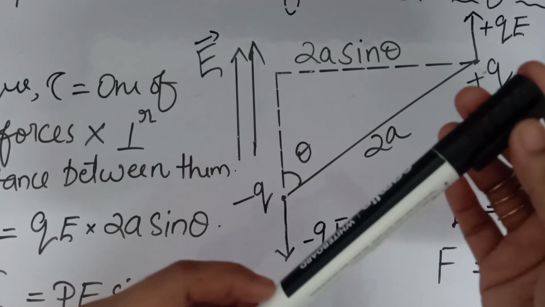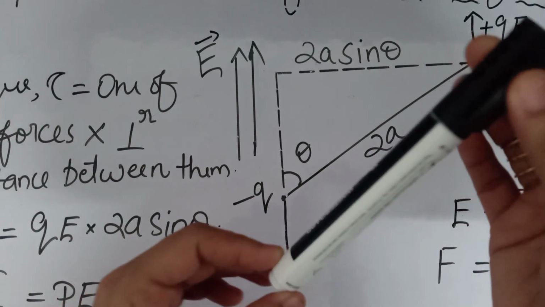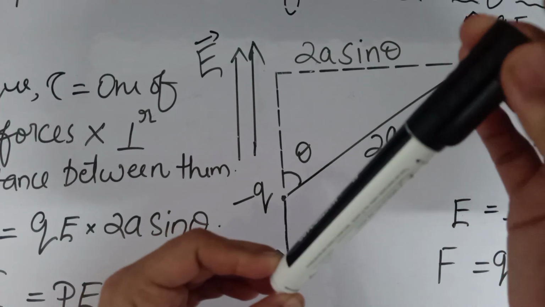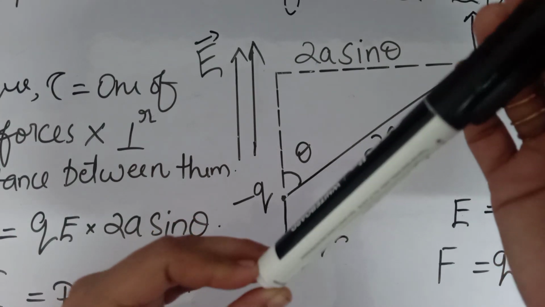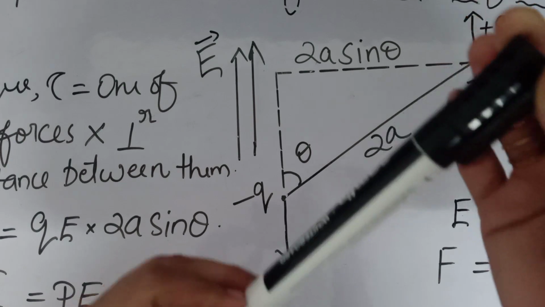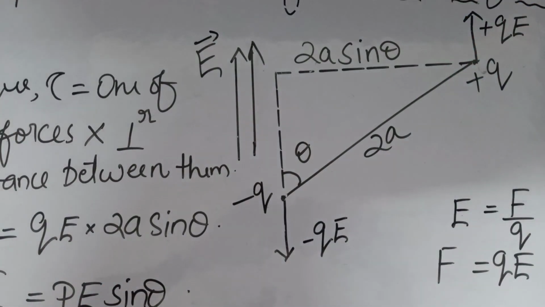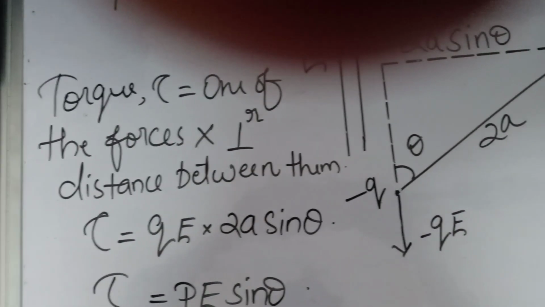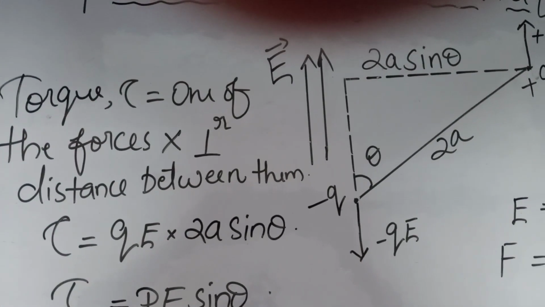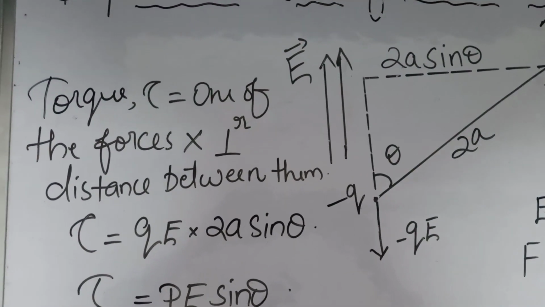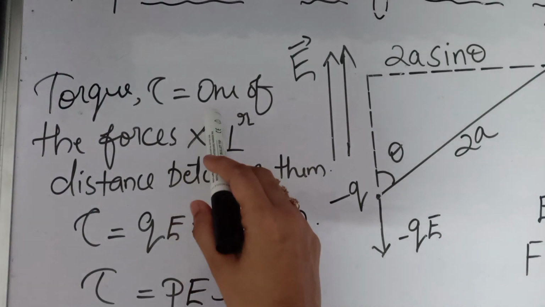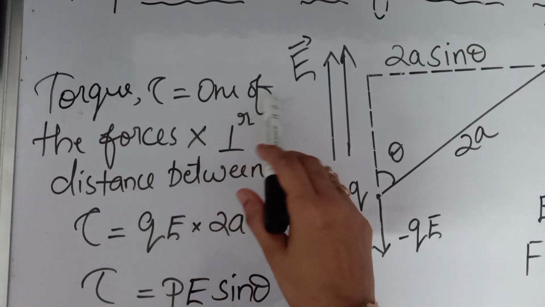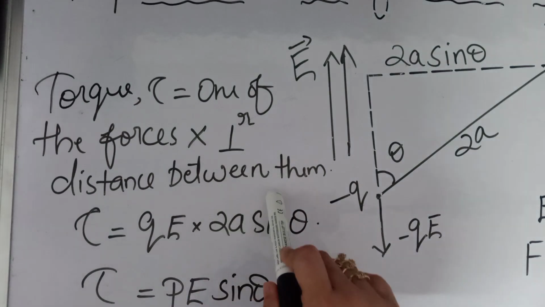So there will be a torque acting on this. This will try to rotate. The force is acting upwards on one side and downwards on the other side. So this will be rotating like this, so we can say that the total force will be 0 but the torque acting on it will be there. So what will be the magnitude of torque? That we have to calculate. So torque we can calculate here by using the equation, one of the forces into the perpendicular distance between them.